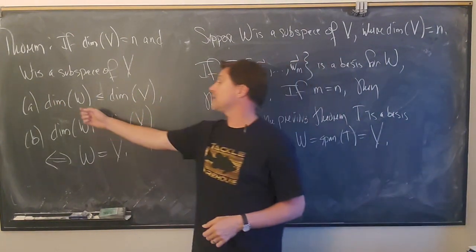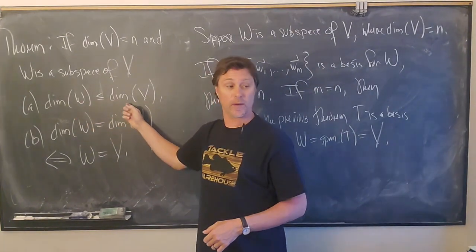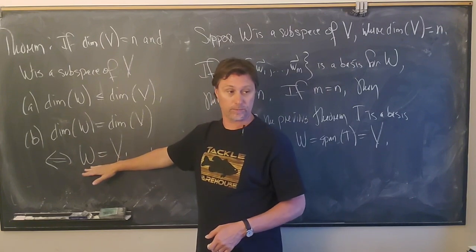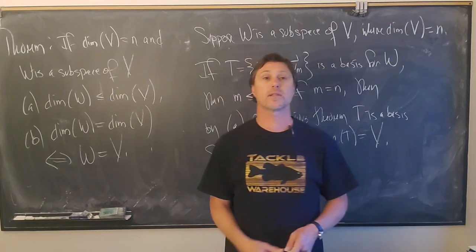So subspaces have to have dimension that is less than or equal to. If they happen to have equal dimension, then you know that they're equal. Okay, that's a good place to stop.